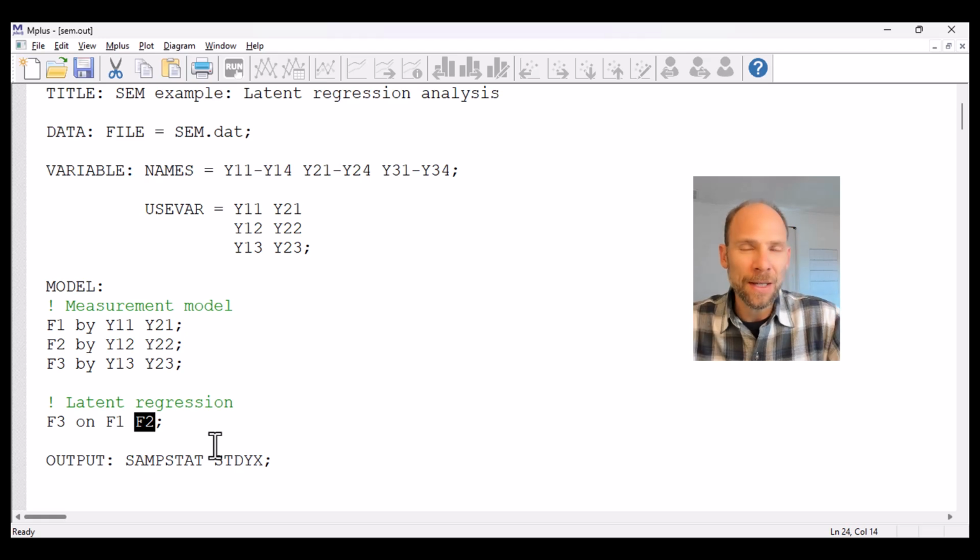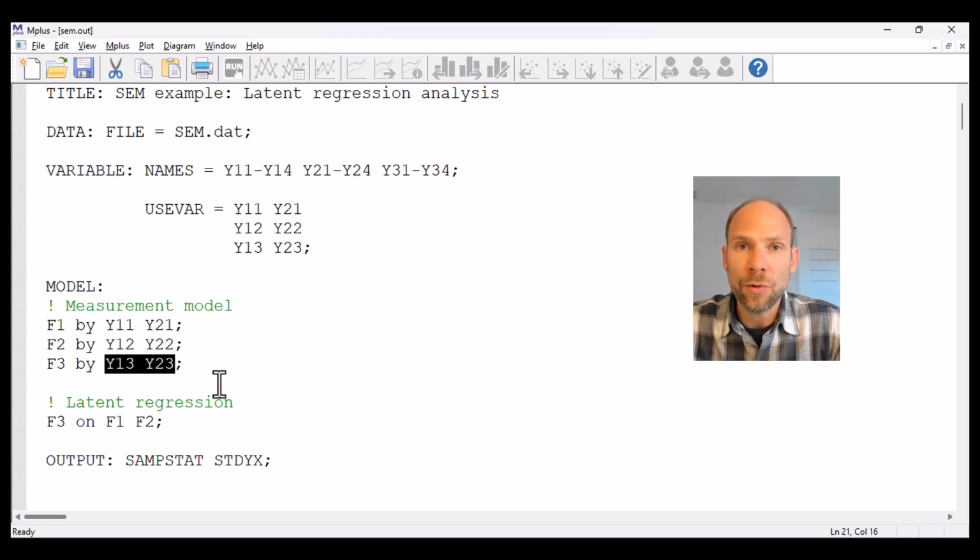Why would we do this with an SEM and not just simple regression analysis or standard multiple regression analysis? The advantage here is that we're correcting for measurement error in our observed indicators of those three constructs.